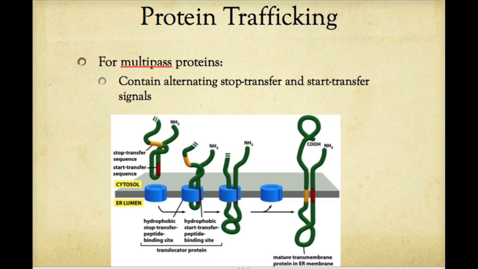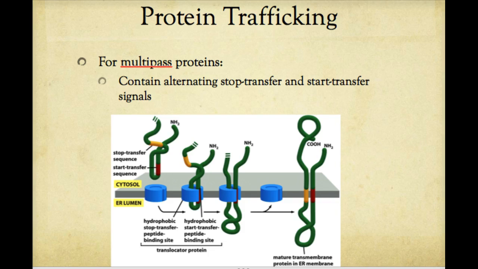There's a red start transfer sequence, and there's a yellow stop transfer sequence. There's no ER signal sequence. The SRP particle, which you can't see, is going to bind to and guide that red region down to the pore. It's going to help that red region bind to the wall of the pore. When translation starts up again, more and more of that green protein is going to enter down through the pore into the ER lumen until that yellow region gets through the pore.